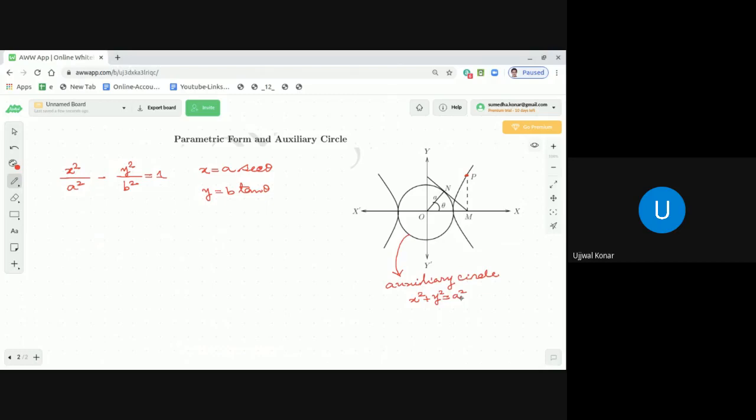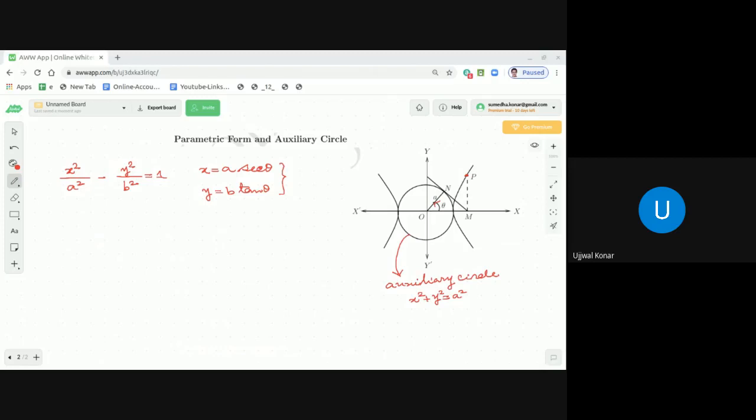And eventually we get the equation of the auxiliary circle as x square plus y square equal to a square. Now, dear students, if you take any point P here and that angle is theta, the corresponding point you get on the hyperbola is represented by a sec theta comma b tan theta. I hope it is clear.